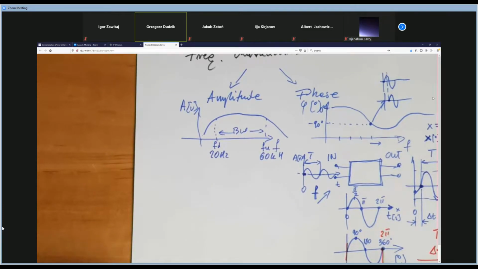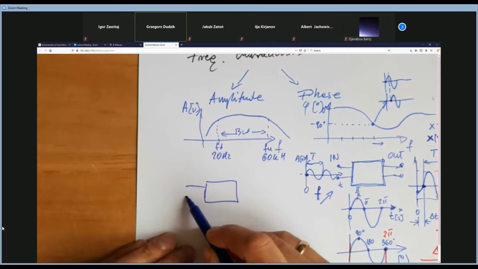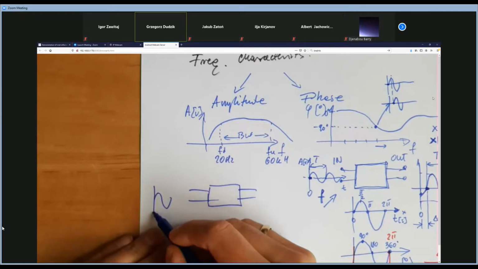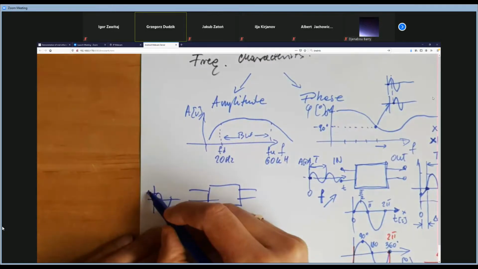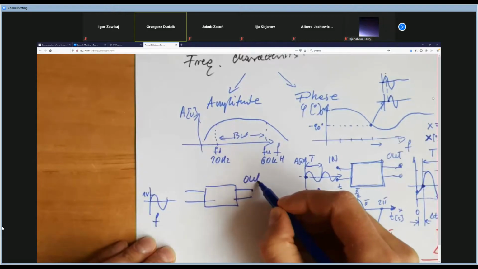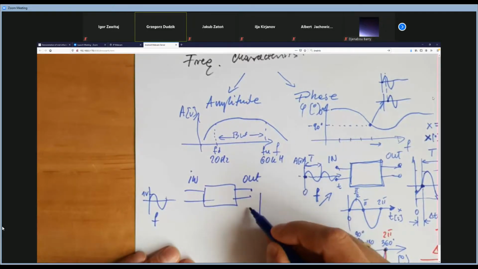The question is, if we have the amplitude of the sine waveform, which is equal to 1 volt, and this is for the frequency f, on the output we will have the same frequency signal.